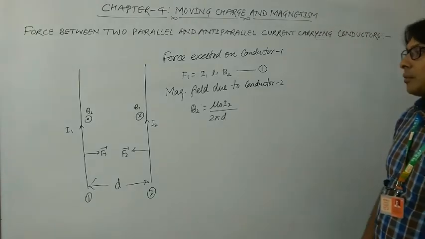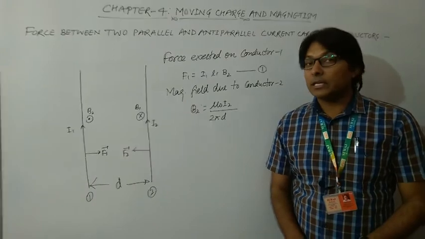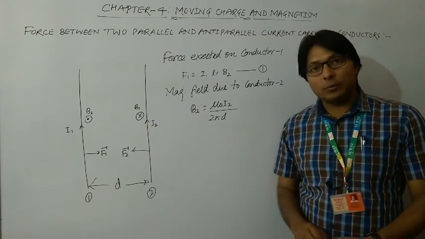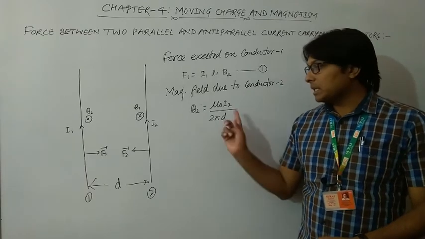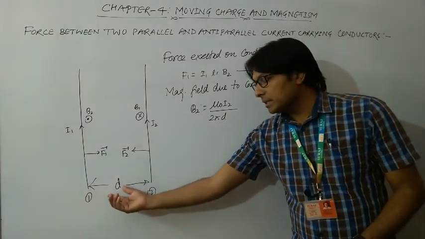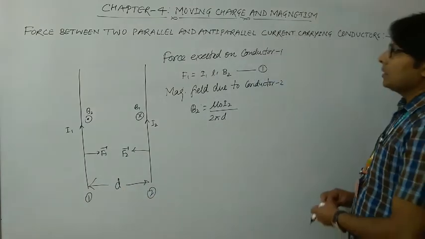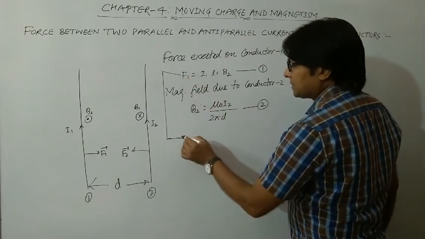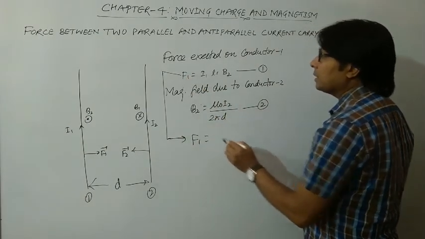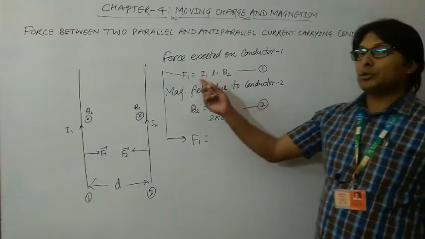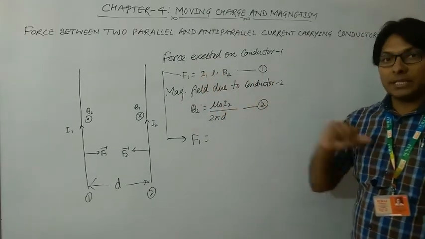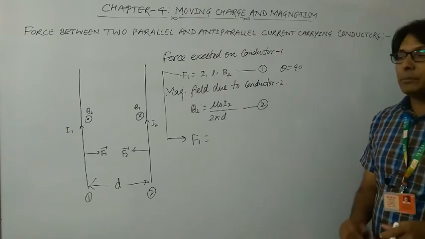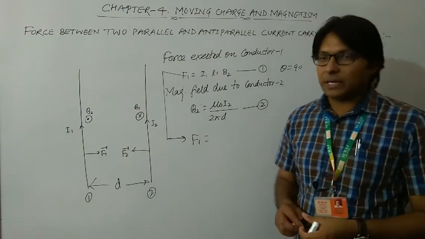If you can remember the formula of magnetic field due to an infinite current carrying conductor, that was mu 0 I upon 2 pi A, in fact. So in place of A, I have assumed this distance as D. So this is the value of magnetic field, and if I put this value into equation first, I can have F1. And one more thing, the formula should be I1 L1 B2 sine theta, but here theta will be 90 degrees, because theta is the angle between the length vector and the magnetic field vector.